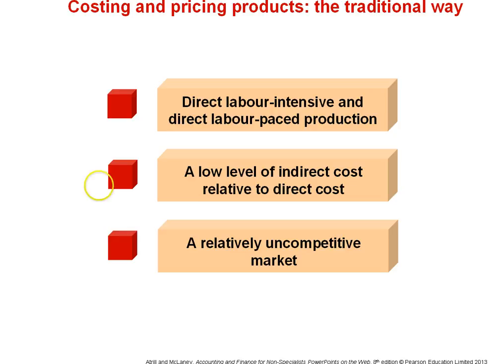Now in traditional times we had direct labour intensive and labour paced production. It went at the pace at which people worked, not at the pace of machines, which tends to be the case these days. We had a low level of indirect costs relative to direct costs.